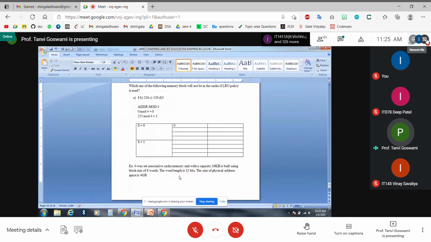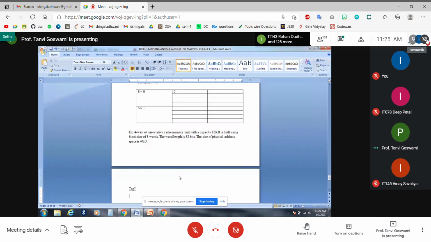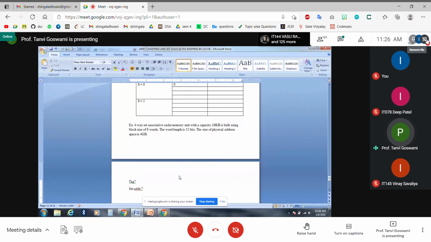What we need to find out is the number of bits required for the tag, the set address, and the displacement. One thing not given here is the size of the address that you need to figure out, and that's where the size of the physical address space is given.